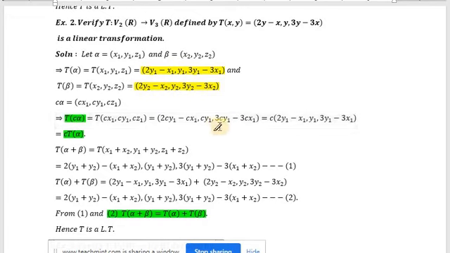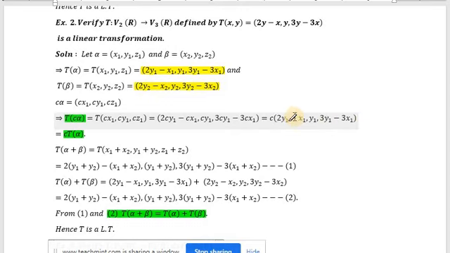If you remove the common factor c among these three, we get c of (2y1 minus x1, y1, 3y1 minus 3x1). So this is nothing but T of alpha. T of alpha is (2y1 minus x1, y1, 3y1 minus 3x1). Both are the same.